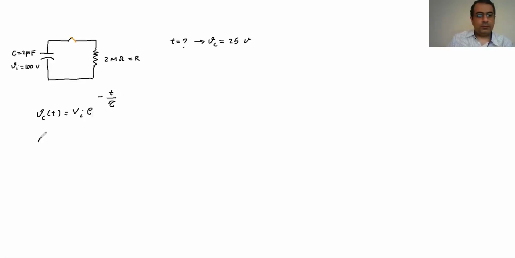So for this one, we know that tau is R times C. So R here is 2 megaohms, so it's going to be 2 times 10 to the 6, times C, which is 3 microfarads, so 3 times 10 to the negative 6.